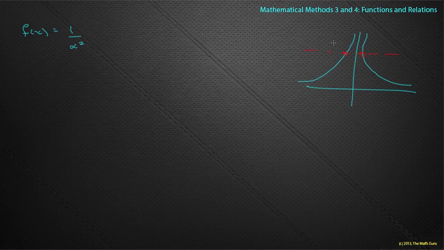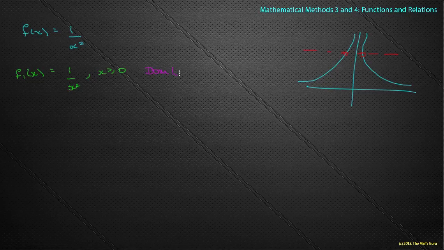What we can do is put on this what they call a restriction, right? We can actually say, well, we're only going to look at part of the graph. So if I was to place a restriction on this and say f1 of x is equal to 1 over x squared, but only for x values greater than or equal to 0, then what can we now see with regard to this function? Well, what is our domain going to be?